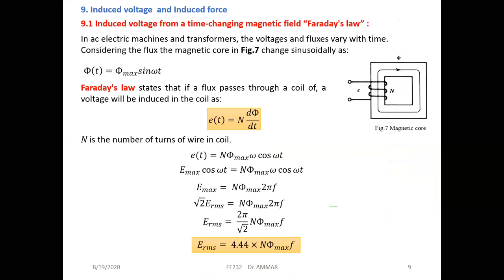The first case, when we have a time-changing field or time-changing flux, according to Faraday's law, the induced EMF is N times the derivative of the flux. We said this expression is valid with AC, in case of AC flux or AC power supply. And this voltage, the last expression, is equal to 4.44 times N times phi max times F. This is the induced voltage in case of time-changing flux.